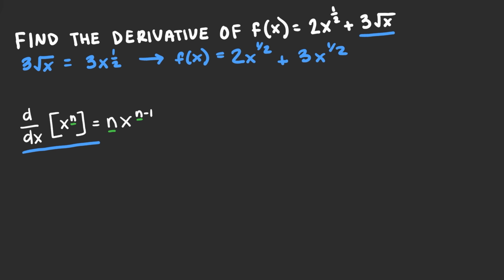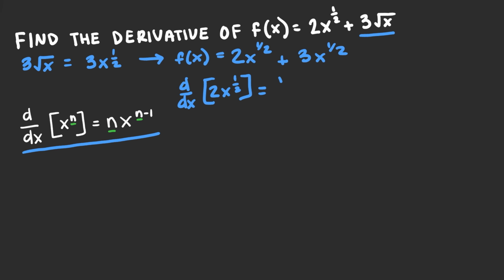Remember, this is our original formula. So let's start with the first term, which is 2x to the power of 1/2. So we have d dx, 2x to the power of 1/2. And our n here is our power, which is 1/2.